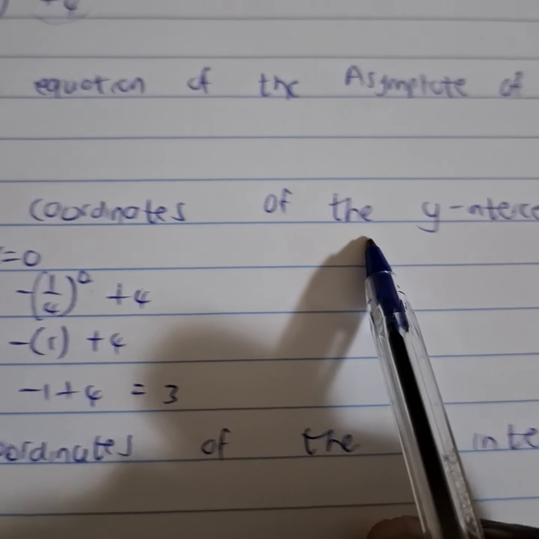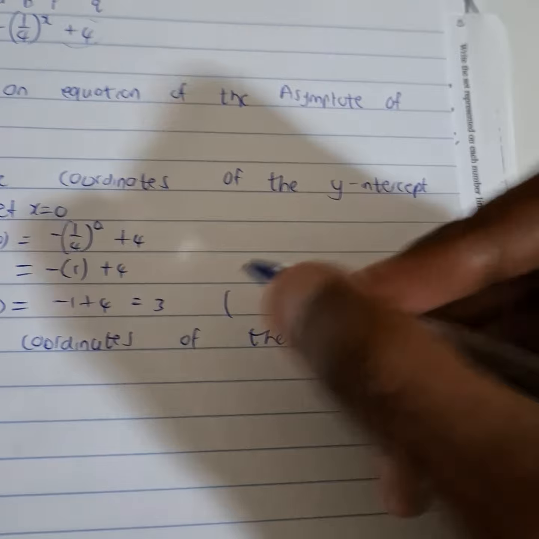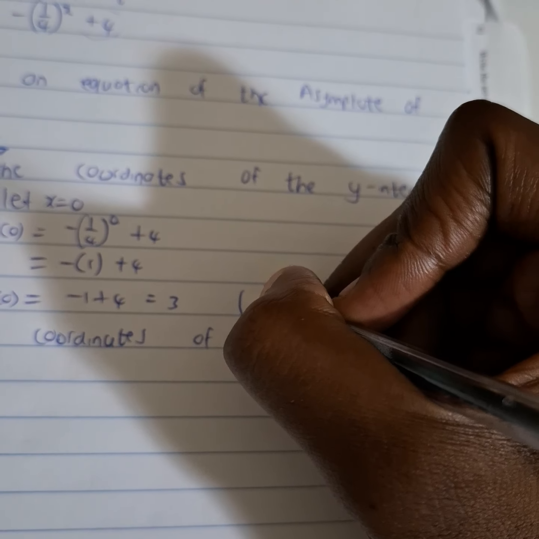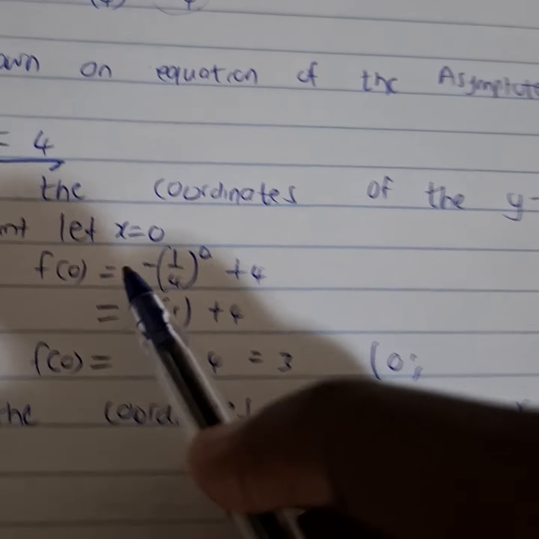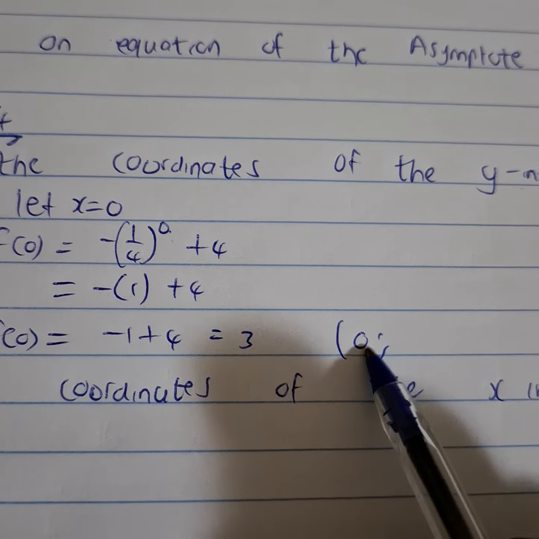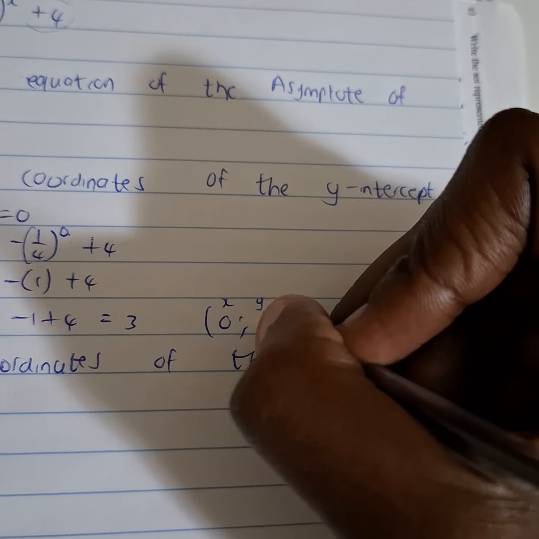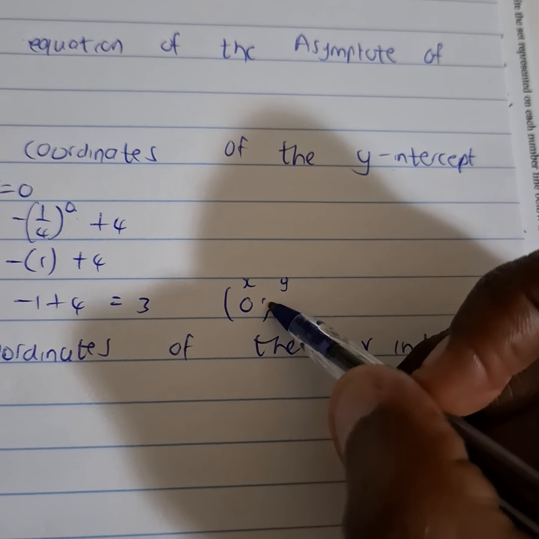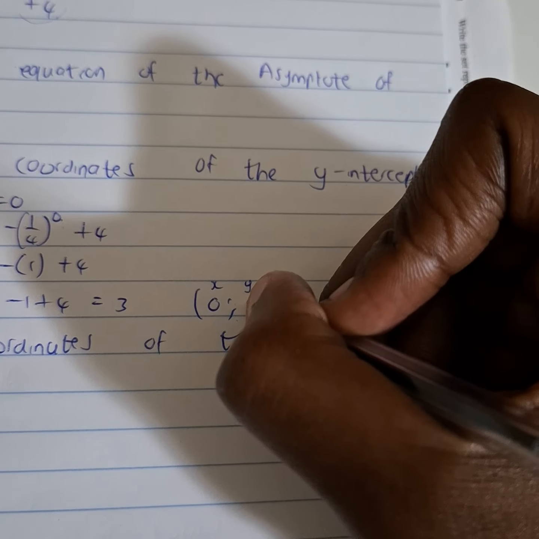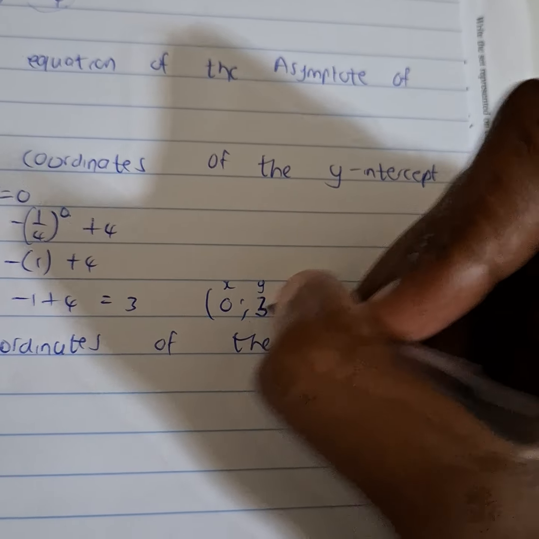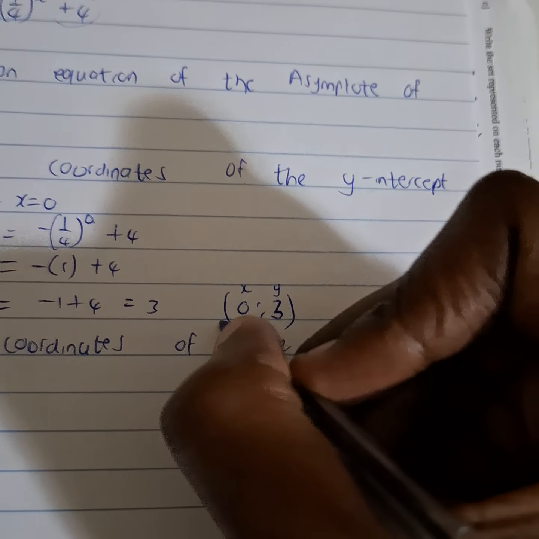They want the coordinates. So the coordinates of the y-intercept are when x was 0, which we substituted. We write our 0 first, which is the x coordinate, followed by the y coordinate, which is 3.